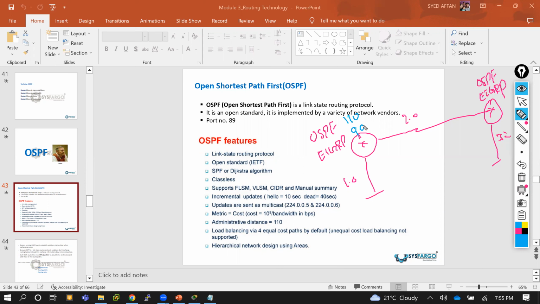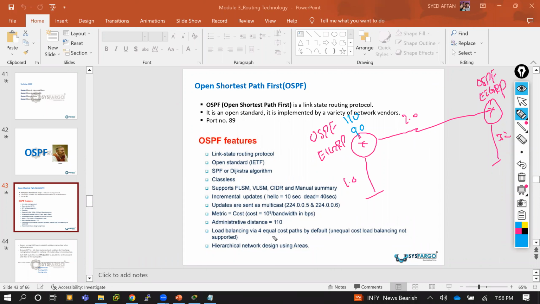In that scenario, it looks at the AD value. Whichever has the lower AD value is the best.